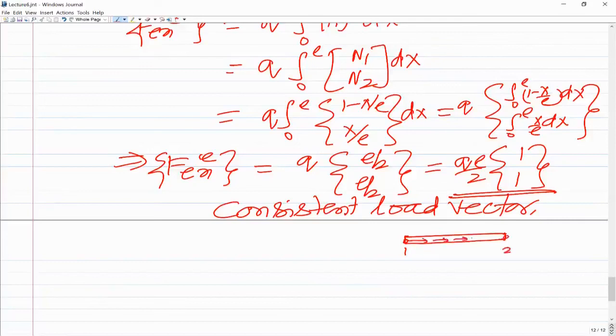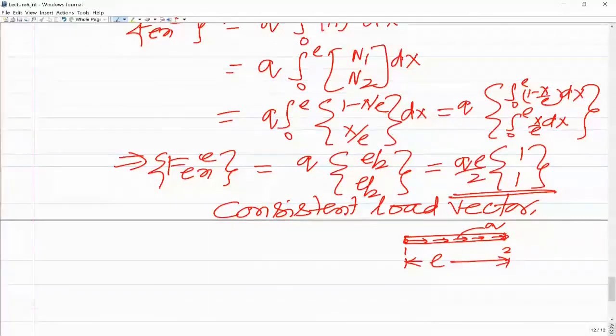The distributed force right now we are taking as uniform, q is constant, and the length of the element is L. So the total external load is going to be q into small l, and because there are two nodes, we equally divide this total load between this node and this node. So we will have ql by 2, ql by 2. So in this case you see that the consistent load vector is the same as the lumped load vector.